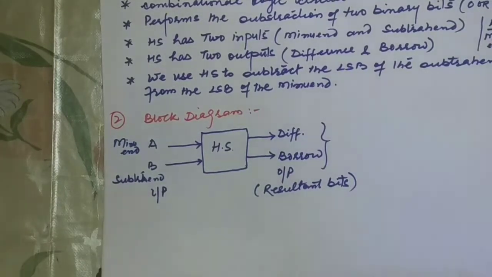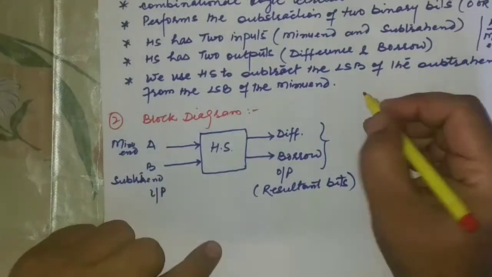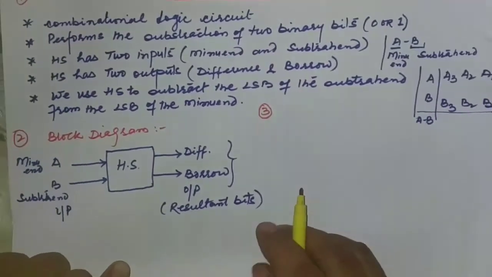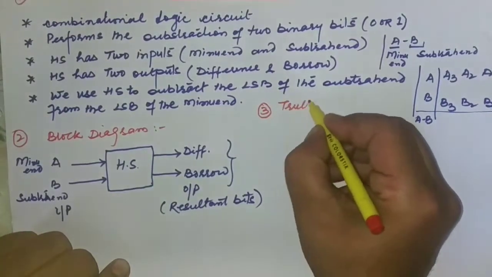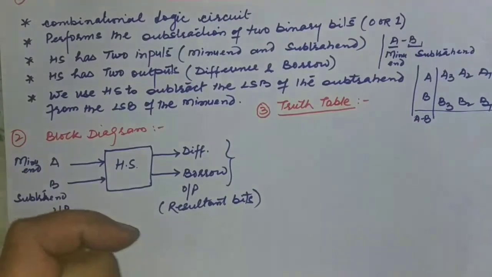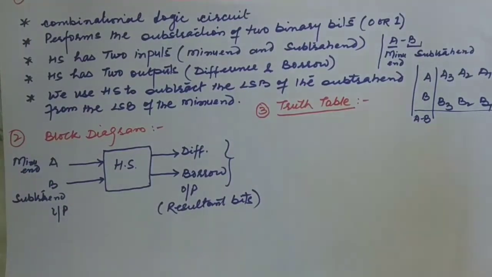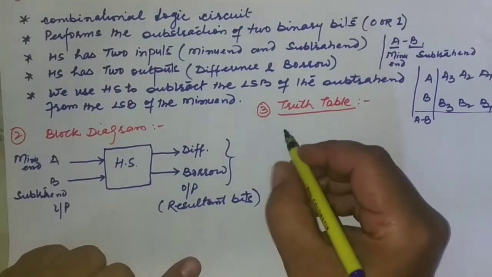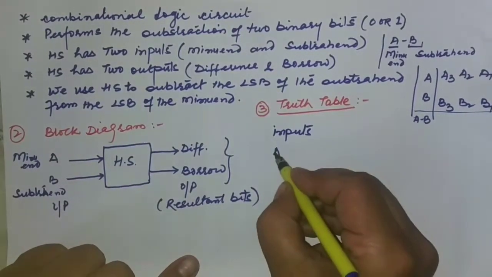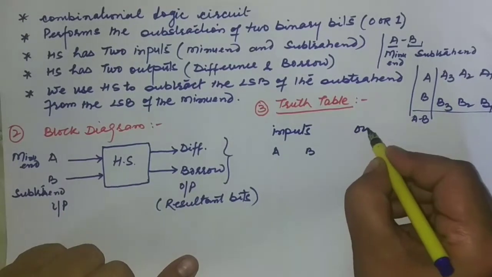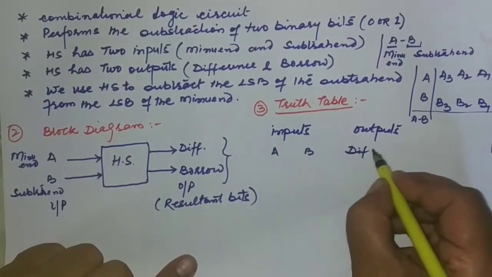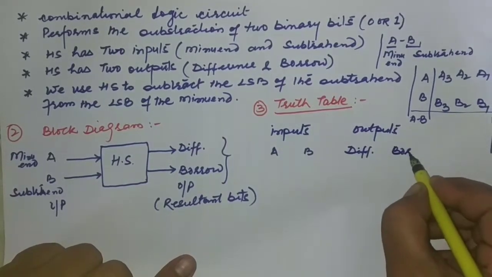Now the third point is its truth table. So the truth table is we take two inputs A and B, and same way two outputs, difference and borrow.